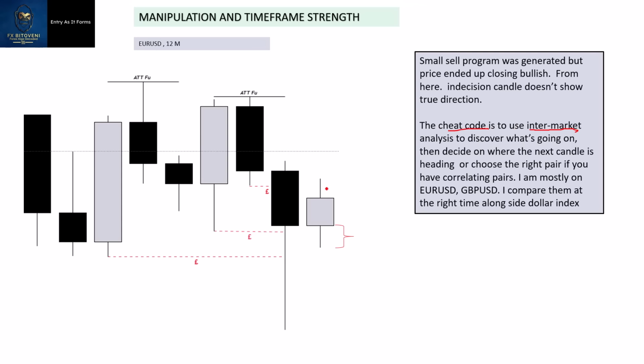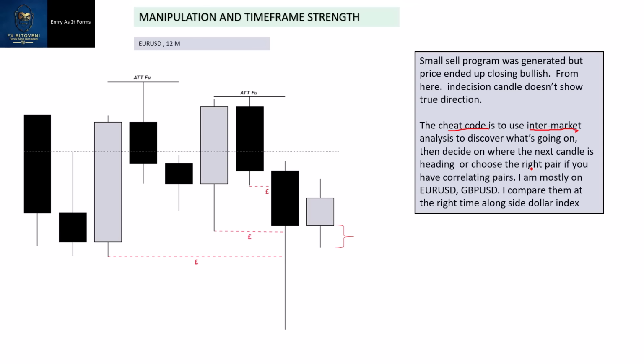When you see that there is no clear direction, the cheat code is to use intermarket analysis to discover what's going on. Then decide where the next candle is heading, or choose the right pair if you have correlating pairs.